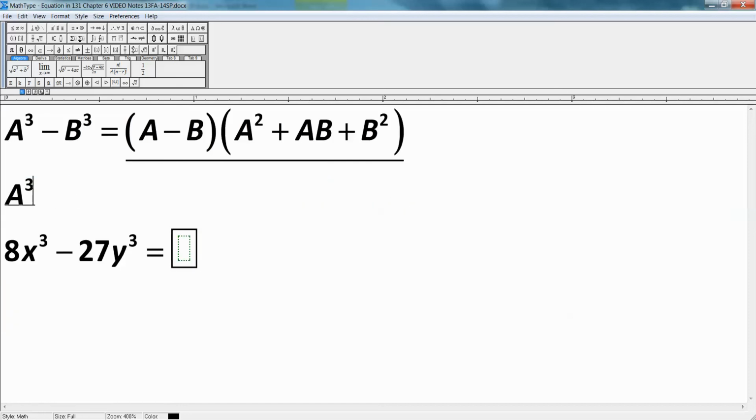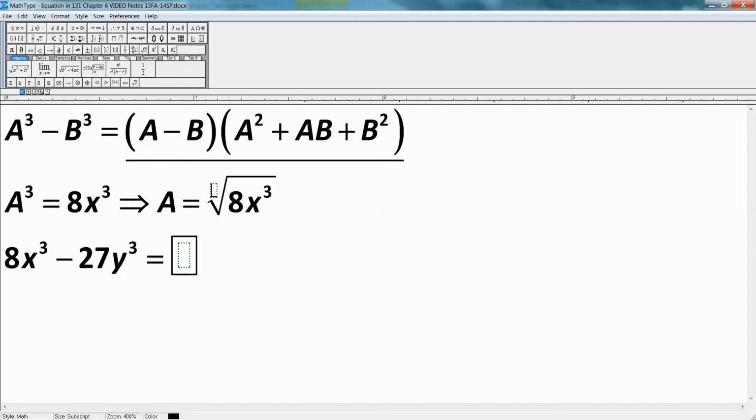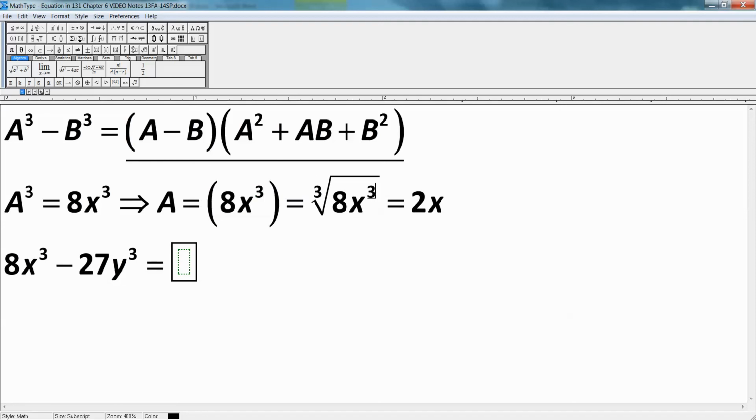A cubed is equal to 8x cubed, right? We need to have both of those raised to the 1/3 power. So to find what a is, what you're really finding is the third root of 8x cubed, or if you will, you're taking it to the 1/3 power. That would be 2x, right? We learned that in here, 8x cubed to the 1/3.